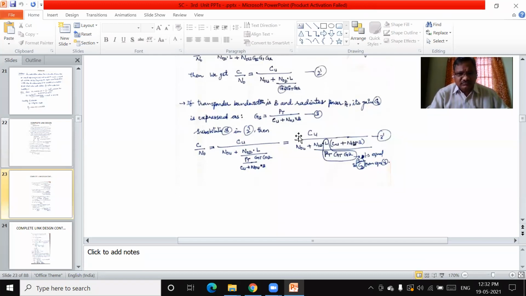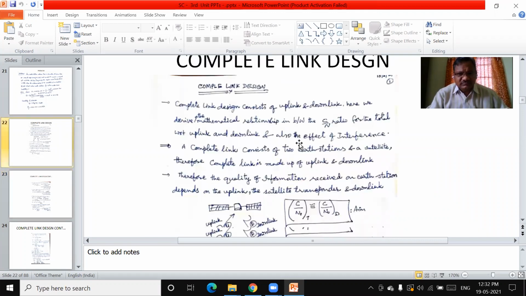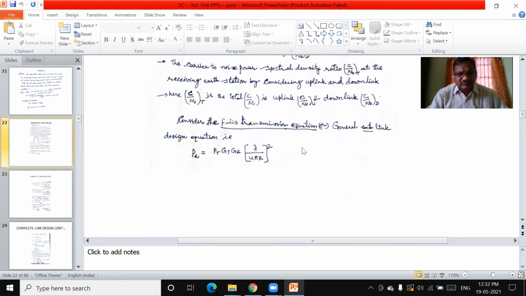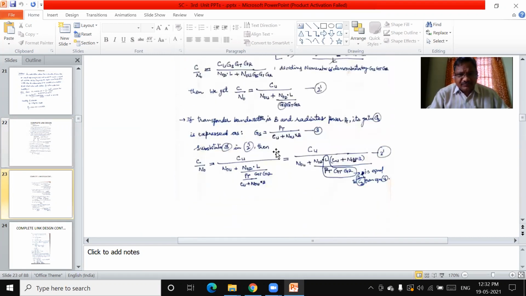So now, GS is present in equation 2 dash, in the equation just above. We have now defined what the GS of a satellite transmitting antenna gain could be.